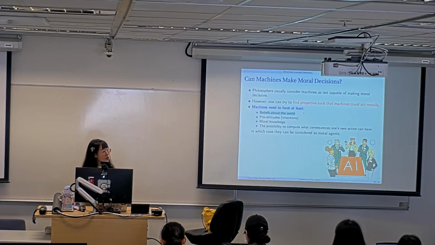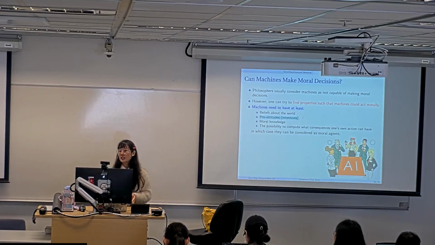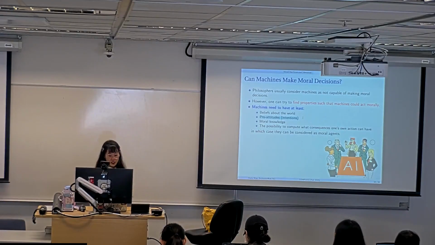This is about knowledge representation. And then pro attitudes, that's the intentions. It's very controversial. Some people think that machines will never have intentions, but still, if we want the machine to have intentions, maybe we can try to address it from a technical aspect.